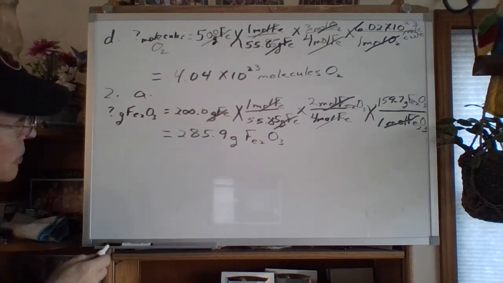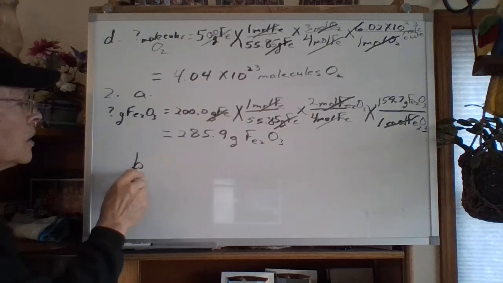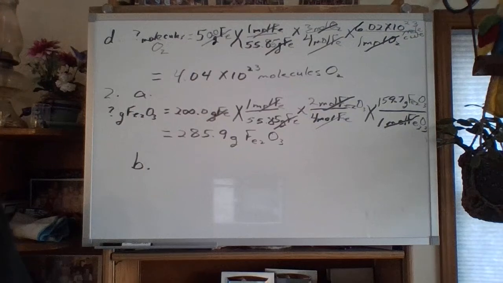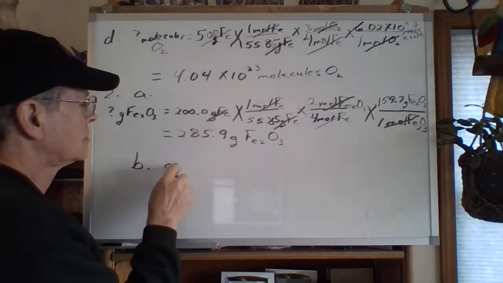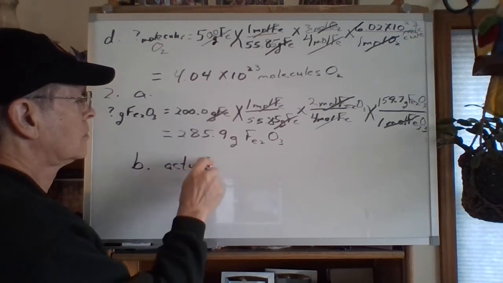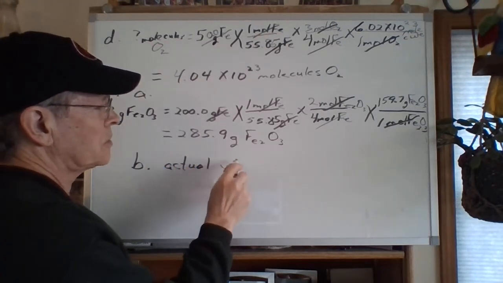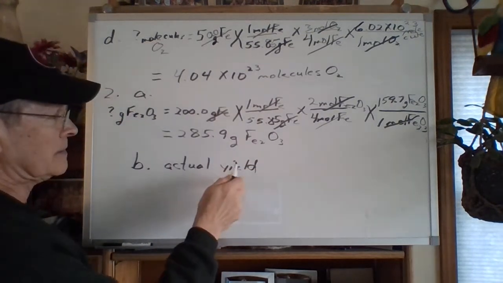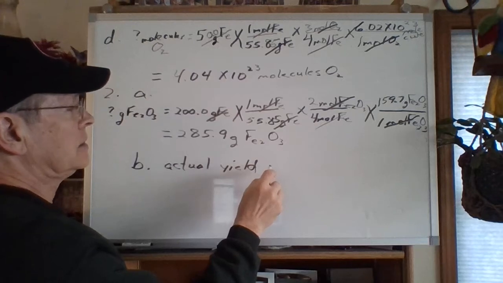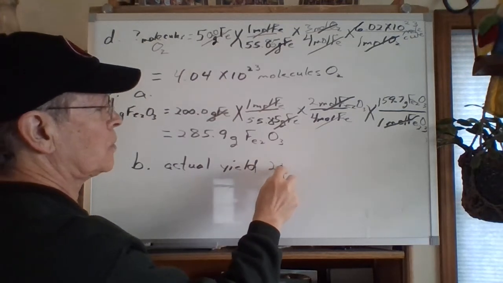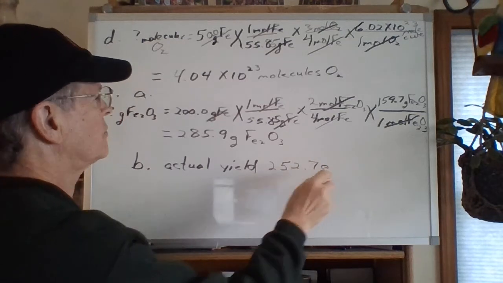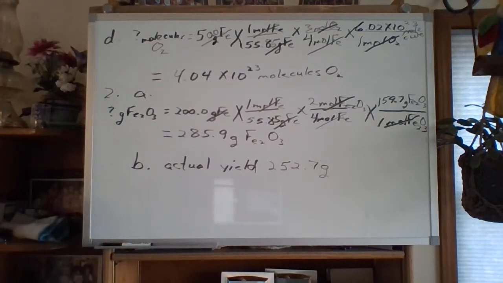Part B of number 2 asks this question. The actual yield is 252.7. So, in other words, you actually went to the lab or maybe in the factory, chemical manufacturing plant, and the actual yield was not what we predicted it would be, 252.7 instead of 285.9.